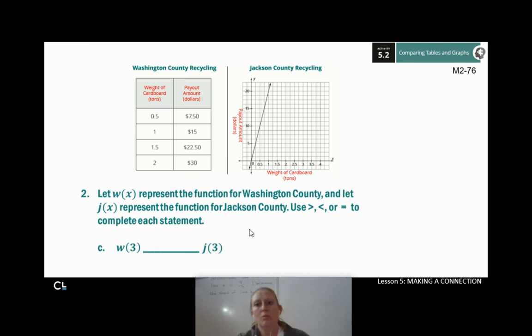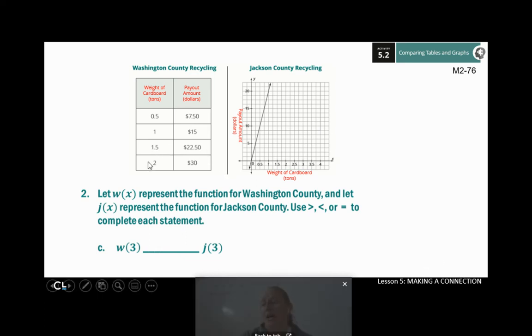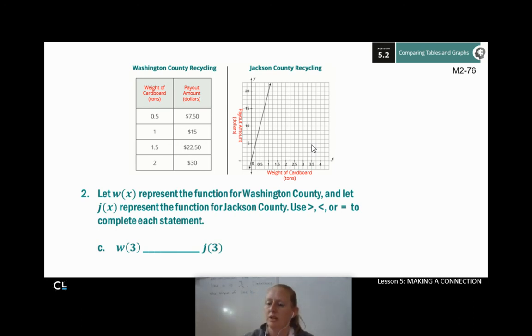One more. W of 3, J of 3. Hit pause, work it out, hit play to check. So 3 is not there. You know what I had to do? I had to do a little bit of work. I realized that if I go from 1 ton to 2 tons, I went from 15 to 30.